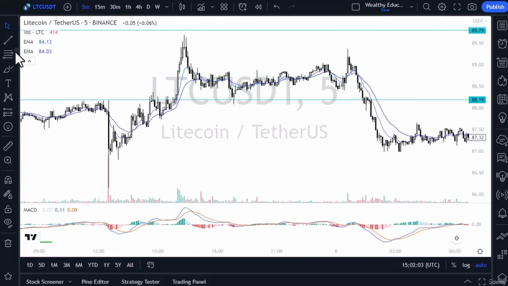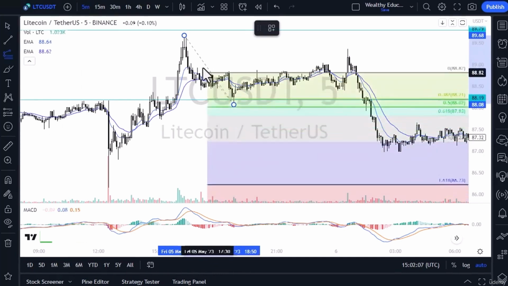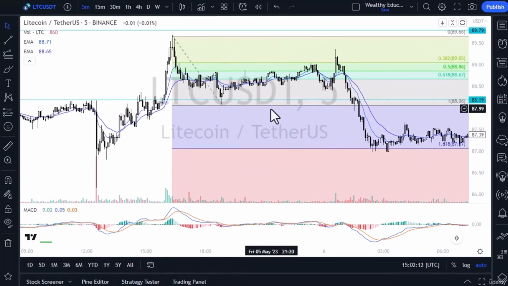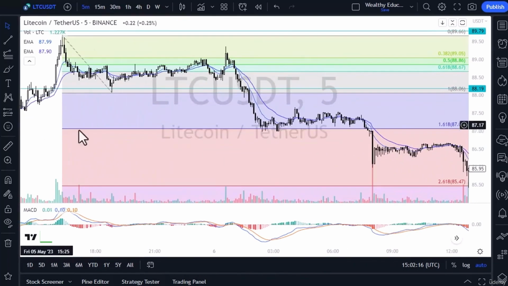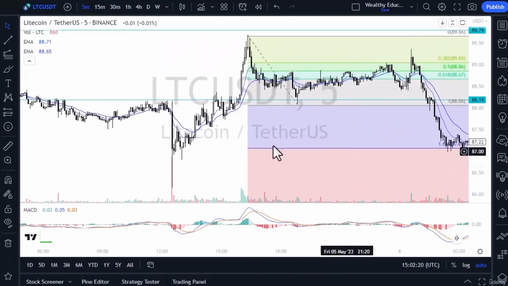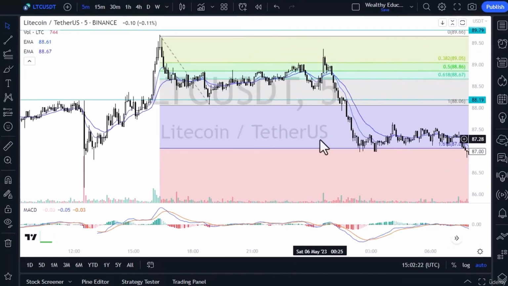Let's go ahead and put the extension on. And notice how once you take this trade and you break through this area, the very first extension, 161, gets hit. And then eventually you hit the second and the third and the fourth extensions. So you could have taken off bits and pieces along the way.